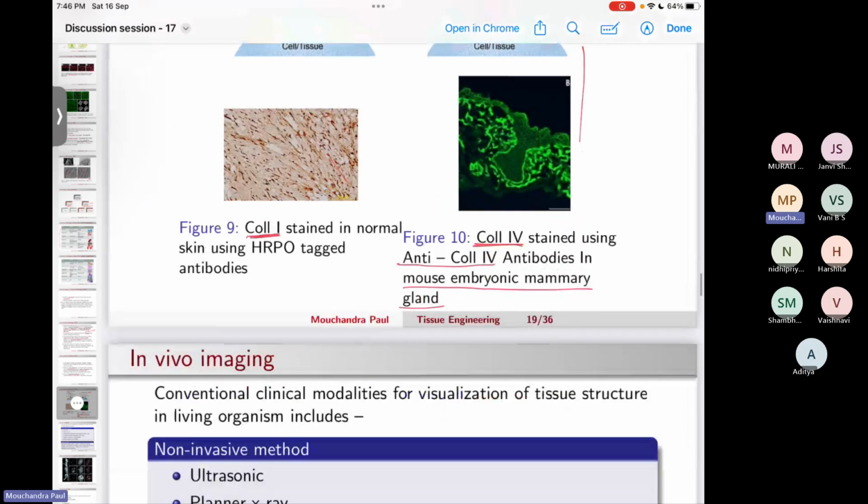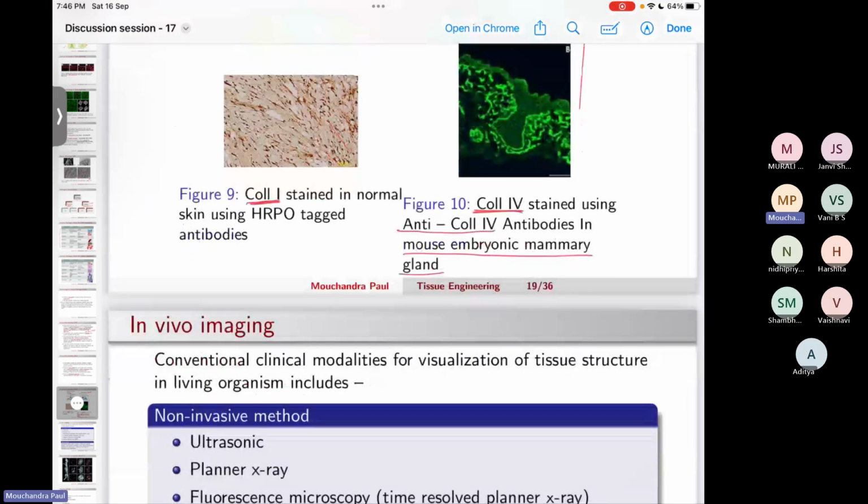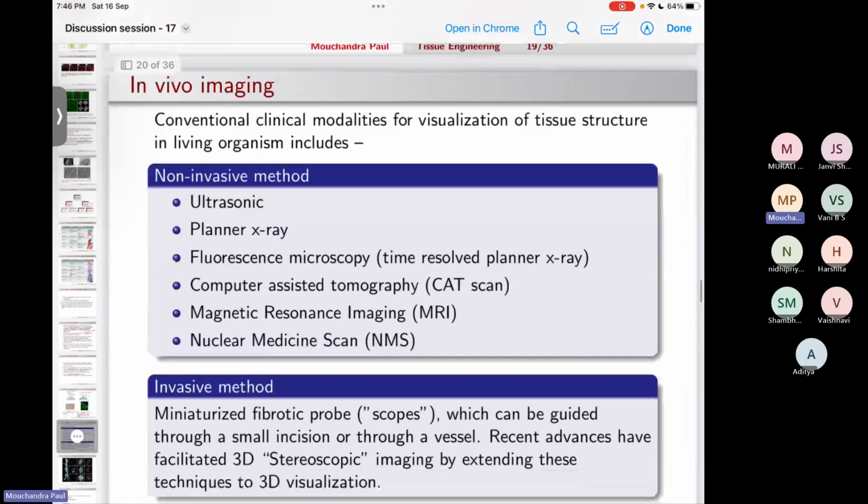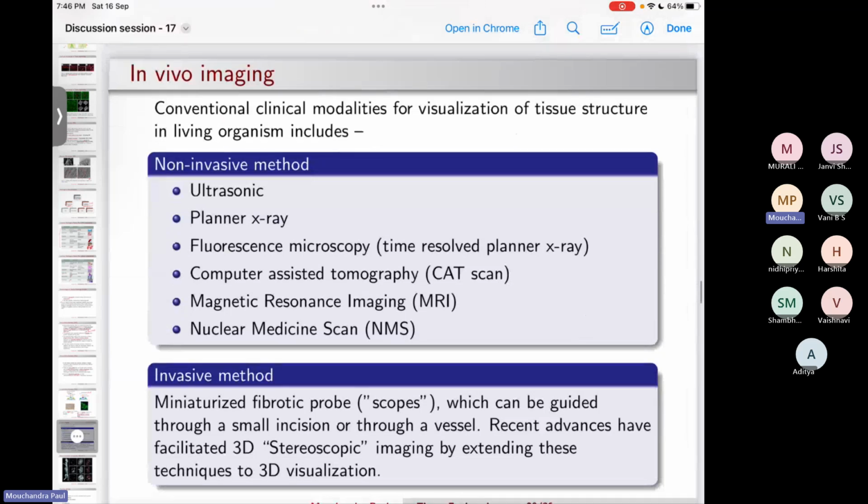So these are a few techniques that can be used to understand your tissue or cell morphology. And all these techniques are possible in vitro, meaning you can analyze your samples in vitro conditions, that is, outside the body.